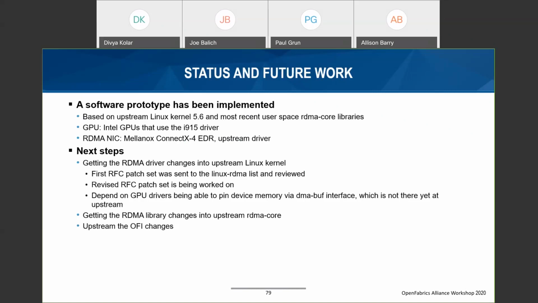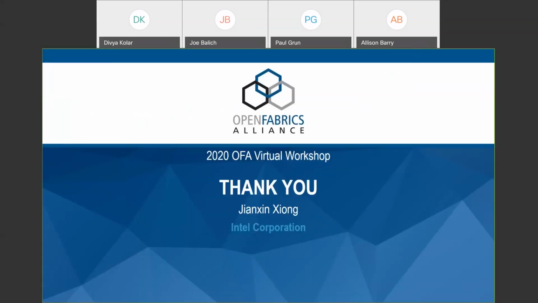So we are working on revised patches, and we are also working on the GPU driver development and the DMA-Buf infrastructure development, so we can have all the pieces needed upstream. We also want to get the user space library changes upstream, in the RDMA core and the OFI. I think that's all I have today. I'm open for questions now.